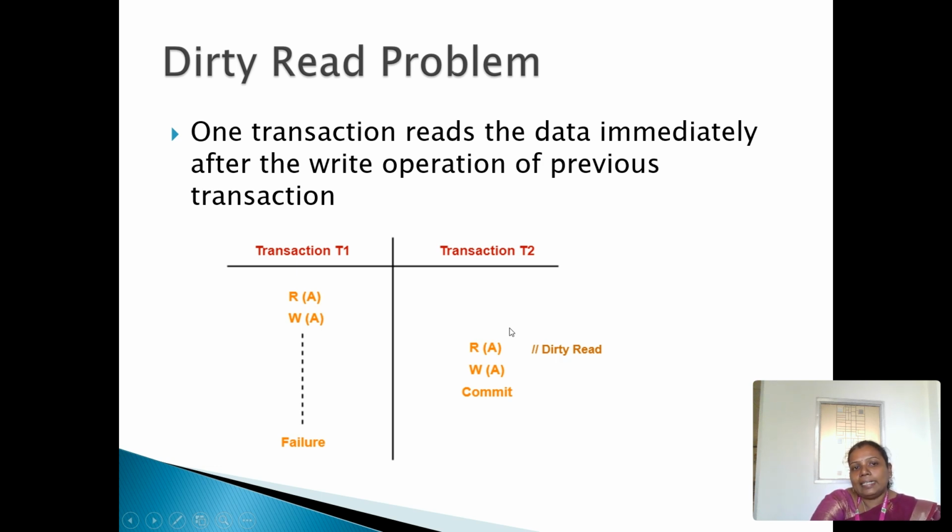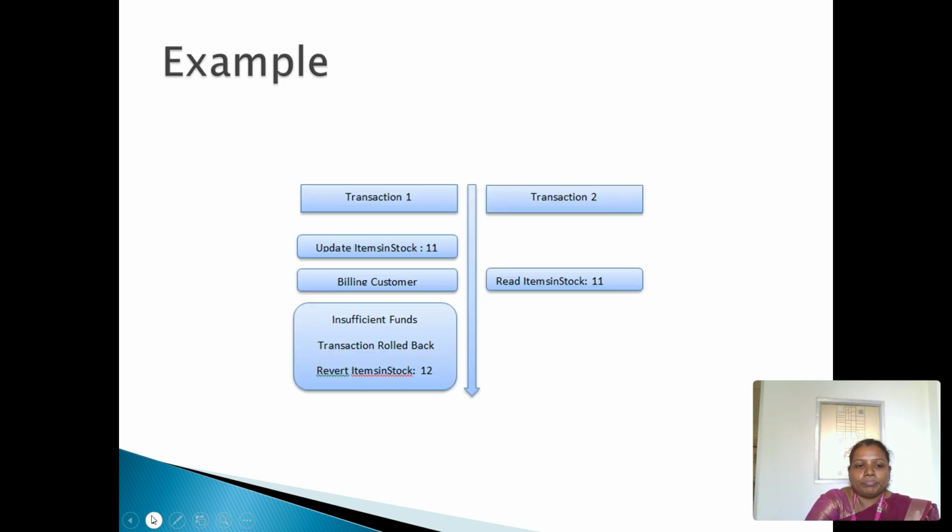That is the dirty read problem. Sometimes we make some changes in a data item, and before committing the operation, the data is read by another transaction. That is the dirty read problem.